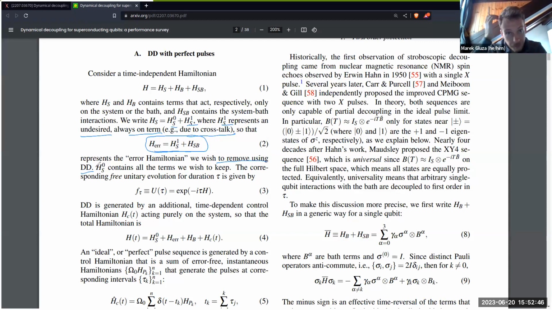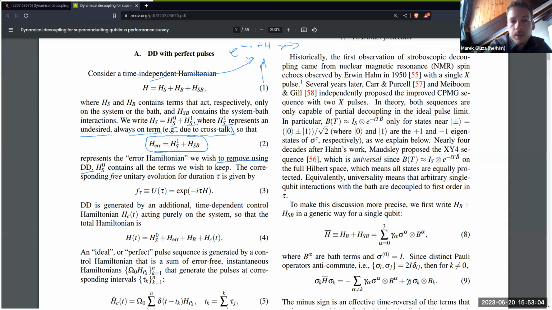Okay, so if you were confused, what is this dynamical decoupling? This dynamical decoupling is a method that allows you to remove portions of a Hamiltonian. So normally I would have the evolution e to the minus iHt, where H is given by equation 1.